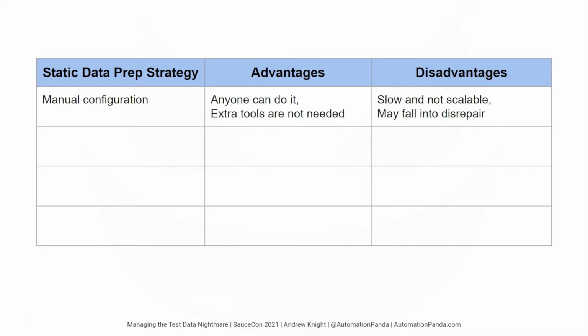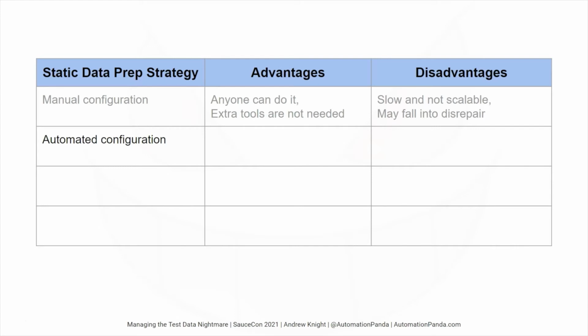A better strategy might be automated configuration. Rather than manually setting everything up, automated tools can create the desired data. This could be accomplished in many ways: reusing UI interactions from tests, calling REST APIs, or even possibly using tools like Puppet or Chef.